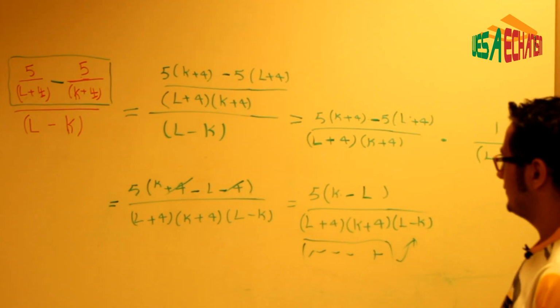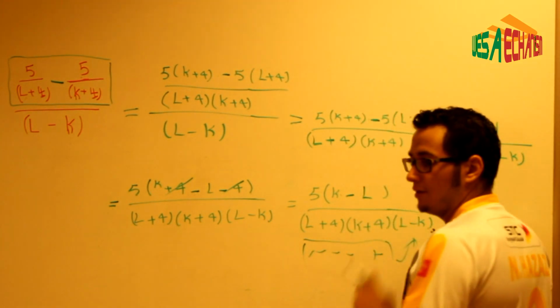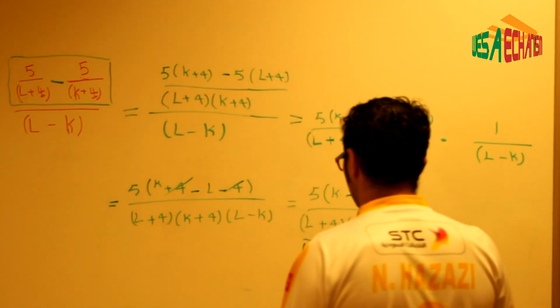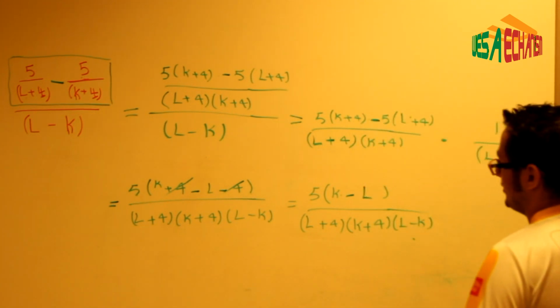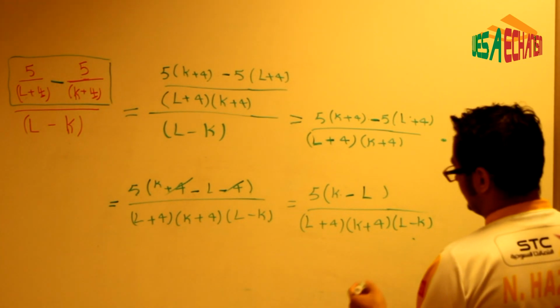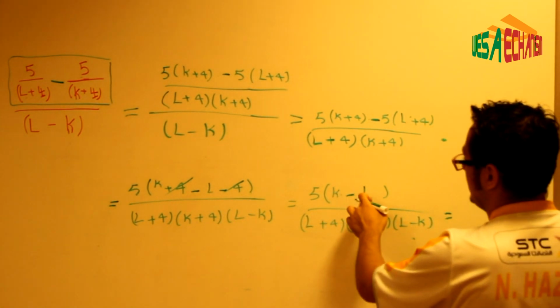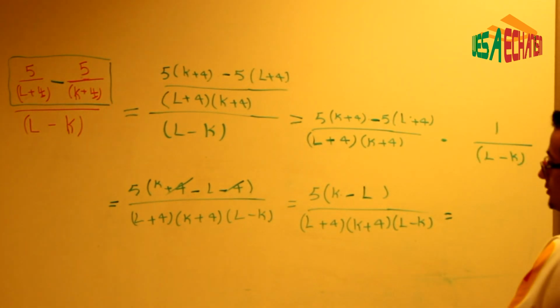Okay? Which means that, excuse me, I'm not going to delete everything with my hand. Which means that we will have the following. You see in here we have K minus L. We have in here L minus K. How is this going to be different?